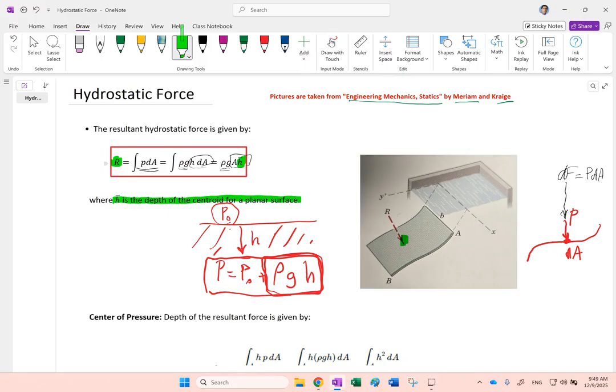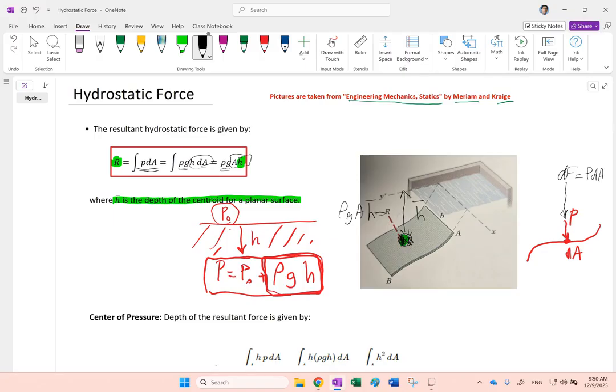Now, the important misunderstanding is this. If somebody asks how much the resultant force on this surface is, you say rho g, times the area of the surface A, times h of the centroid. So the depth of the centroid is what is used in this formula.